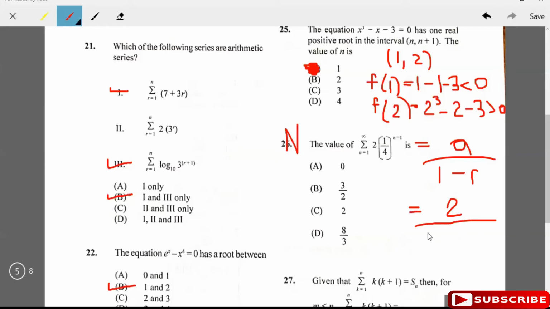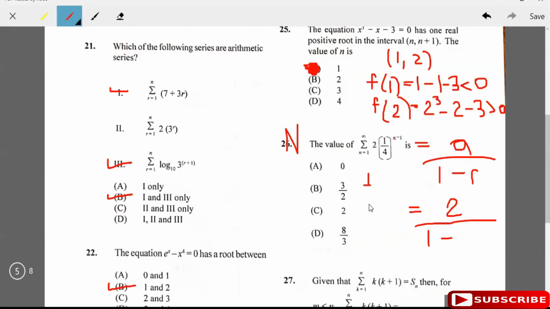So we need to know the common ratio now. Common ratio is the second term over the first term. The second term: when n is 2, we get a quarter times 2, which is a half.